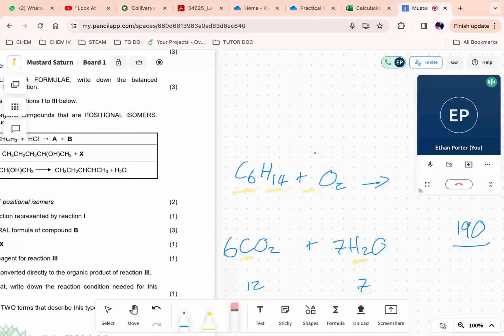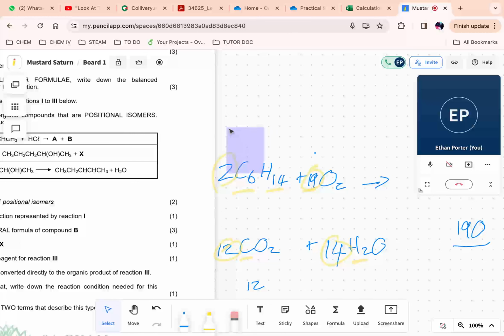We'll multiply everything by 2, so 9.5 times 2 is 19 here. And since we're multiplying everything by 2, we'll get a 2 in front. Then 6 times 2 is 12, and 7 times 2 is 14. This is our balanced equation with the stoichiometry 2, 19, 12, 14.